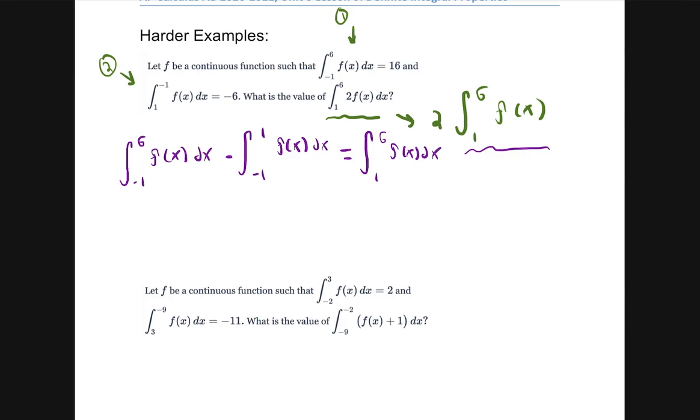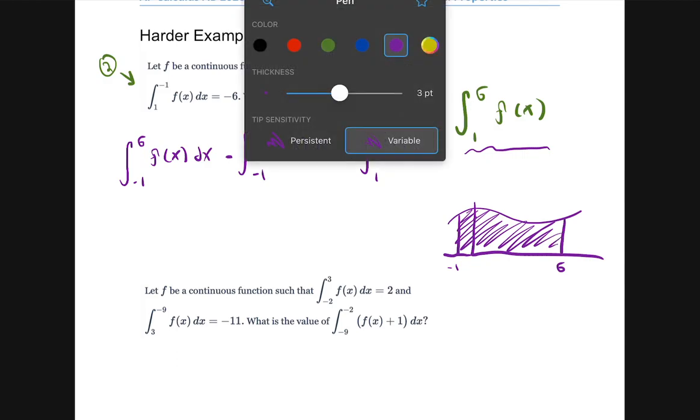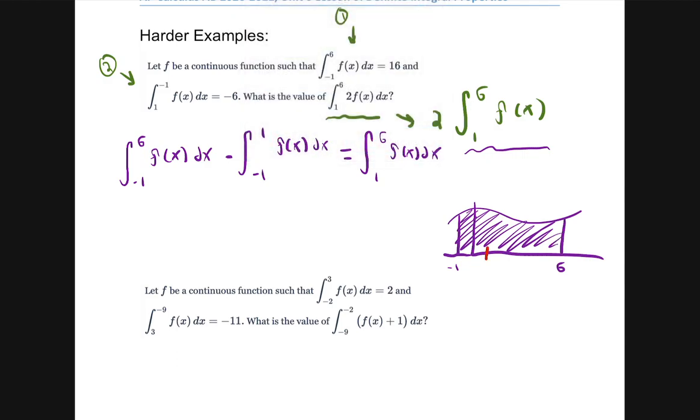If you think about this as overlapping regions here, if I have some function here and I find the area from -1 to 6, I find this whole area, and then I subtract away the chunk from -1 to 1, what am I left with?